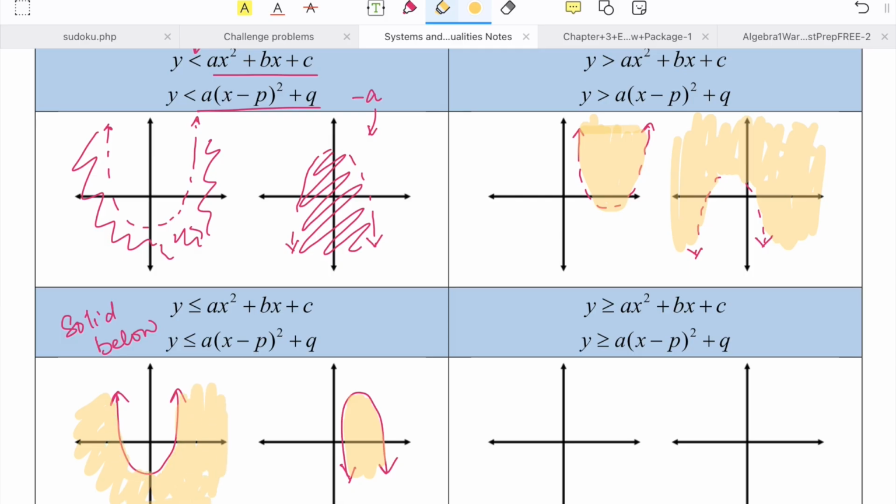The next one, greater than or equal to, so above, and there's an equal to, so it'll be solid. So again, upward and downward both. And then because it's above, it's going to be this region over here, as long as the parabola keeps going. And then above the parabola, so the region over here.